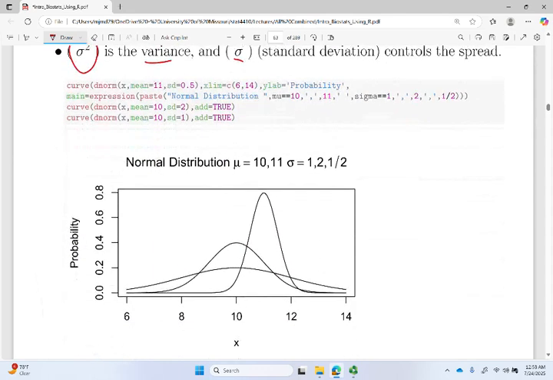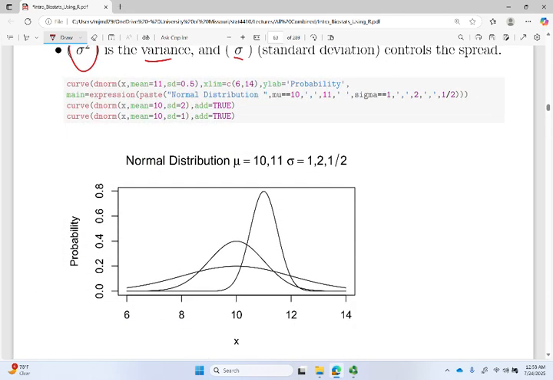And so if we plot three different normal distributions with different means, we have a mean of 10, which is this one, and the variance is 1. That tells us the spread of the density.